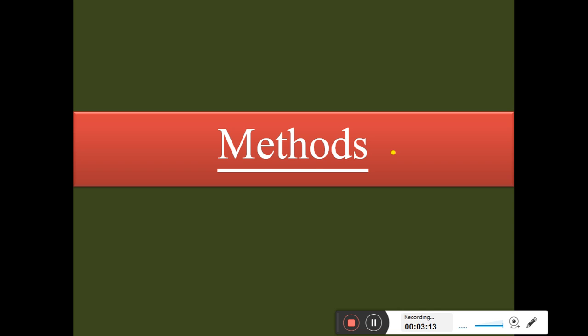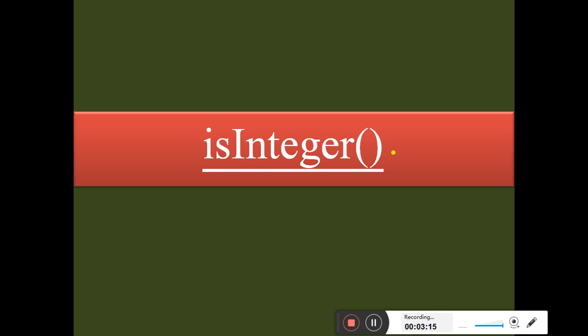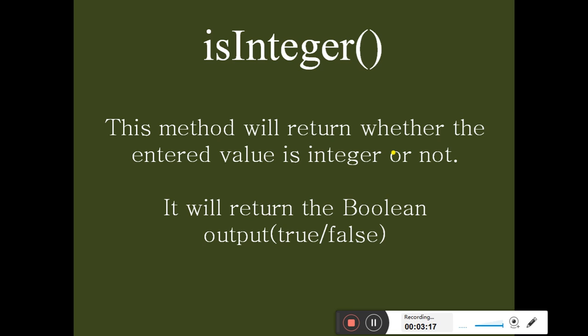Now we are going to see the methods. First method is isInteger. This isInteger method will return whether the entered value is an integer or not. It will return the boolean value true or false. If the entered value is an integer, then it will return true.